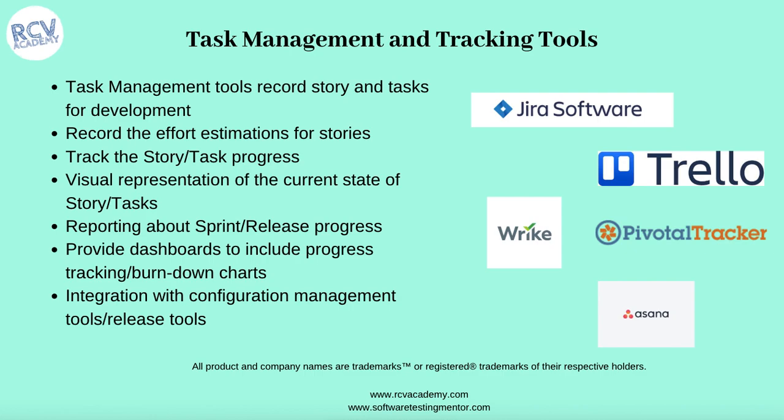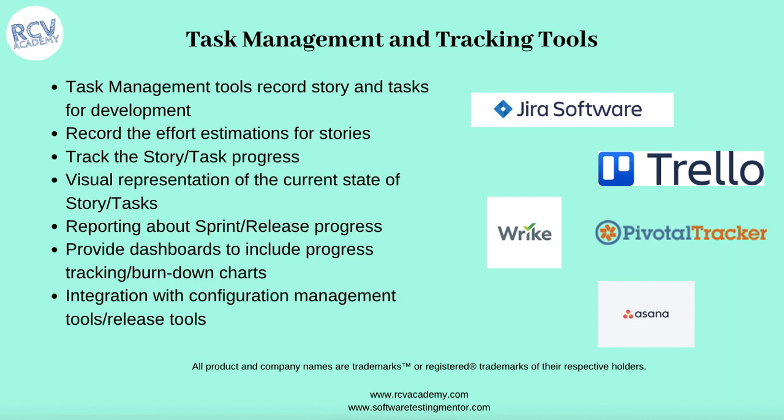Apart from Jira, there is Trello, Pivotal Tracker, Asana, and Rally as well. These tools also provide similar functionality as Jira. There are a bit of differences, and there'll be some differences in the customization, but yeah, Jira is the most popular and powerful tool nowadays for Agile task management and user story management.